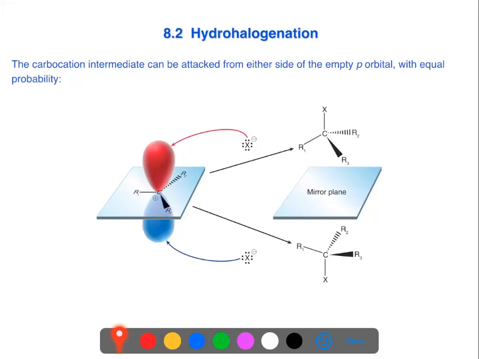We can have nucleophilic attack from, let's say, the top side of the plane associated with that sp2 hybridized carbocation center, or we could have attack from underneath that plane. And so due to the equal probability that the halide will attack the carbocation from either side, we end up with a mixture of enantiomers as a result.